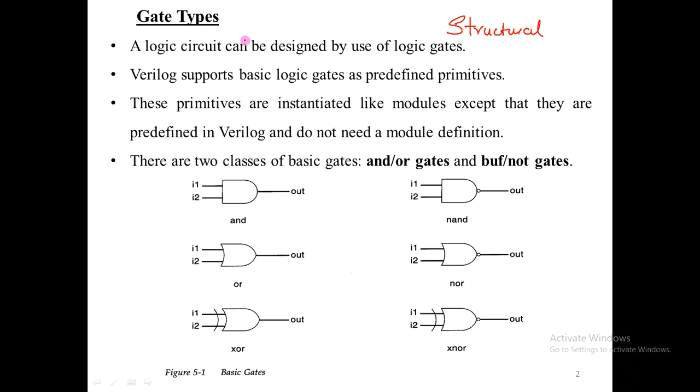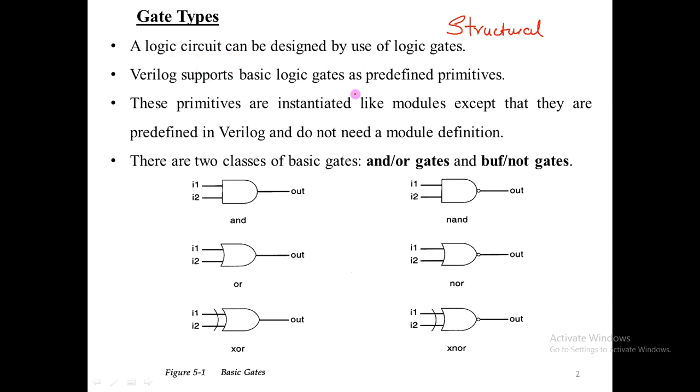Now we shall begin with the very first concept of the gate level style of modeling: gate types. We are very well aware of all the basic gates. The same basic gate types are available in the Verilog constructs of gate level modeling. To brief you, a logic circuit can be designed by use of logic gates.